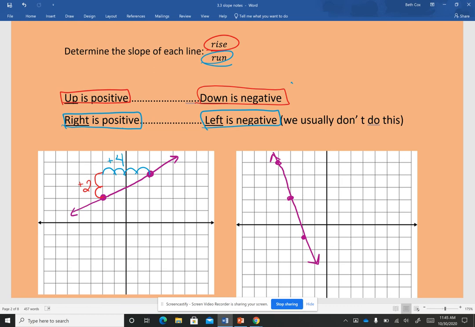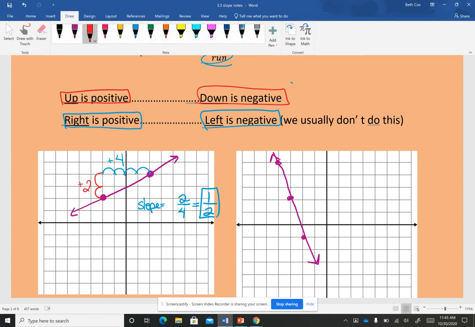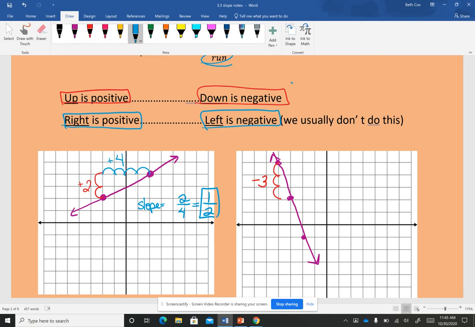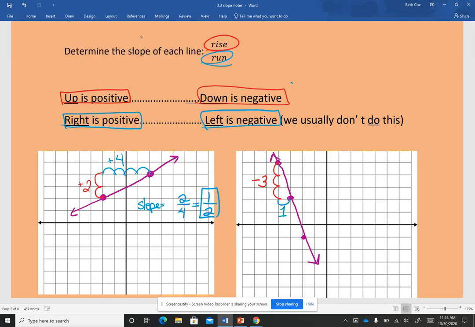So my slope of this line is 2 over 4, which is 1/2. Okay, slope is a fraction, and it's going to follow all rules of fractions, so make sure you do that. All right, let's do this next one. Our rise this time is down, so it's negative, and our run is positive 1.